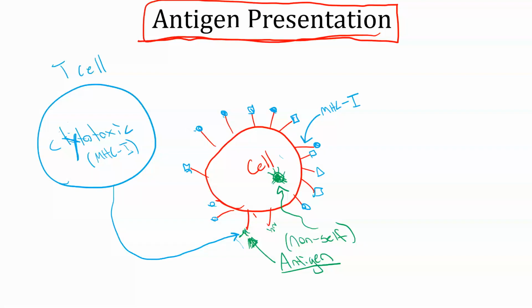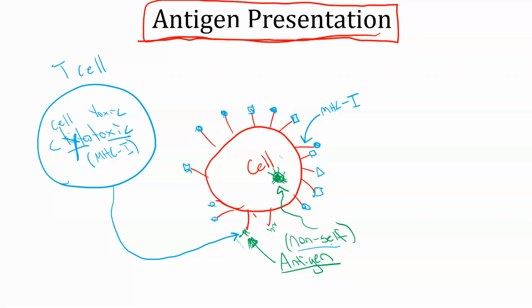We don't want that. So cytotoxic T cell, as the name suggests, cytotoxic means toxic to the cell. Cyto means cell, and toxic means toxic. So this is a cell that is going to be toxic to another cell, but specifically one that has non-self antigen.